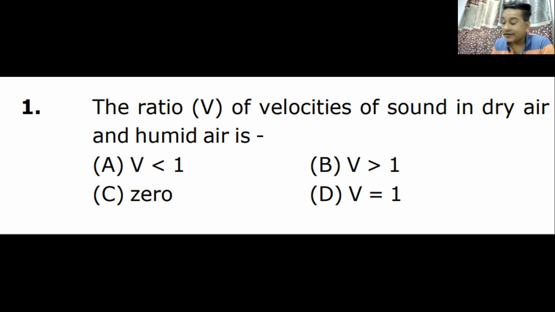If no, then where is it more and where is it less? Dry air to humid air, what will be the ratio of velocities? Where is the velocity more, in dry or humid? It is more in humid air, yes or no? So the answer would be A. Do we understand this?